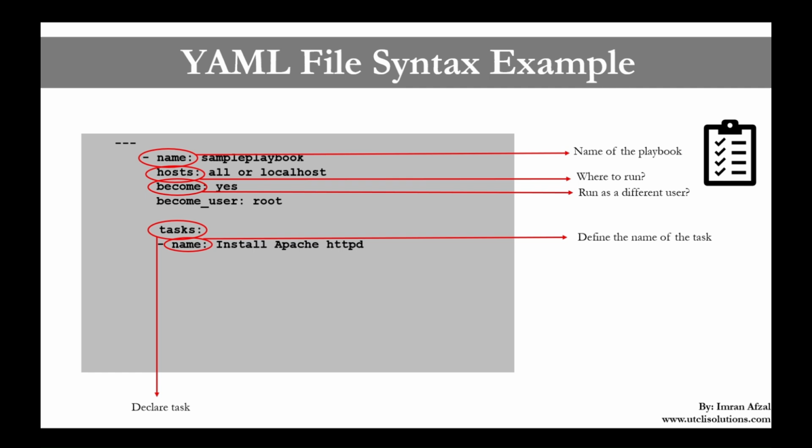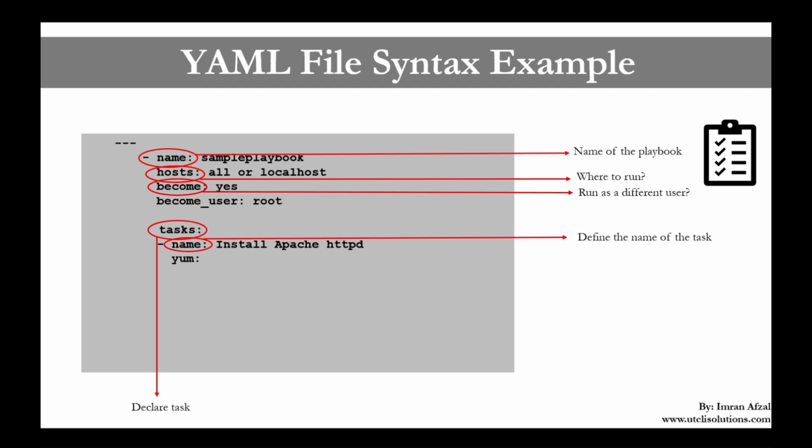Look at the task, the T, right below the T, that's where we put in the hyphen, space, then the name. You cannot move this to the left or to the right because it will cause problems when you execute it. So indentation matters.